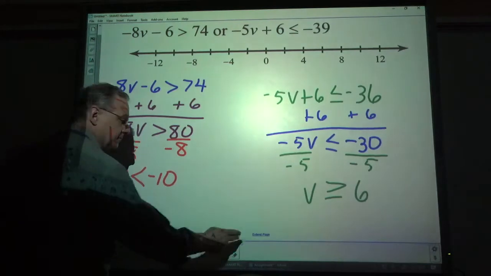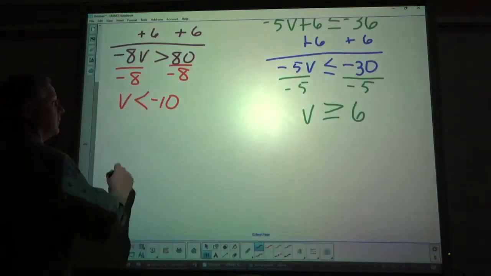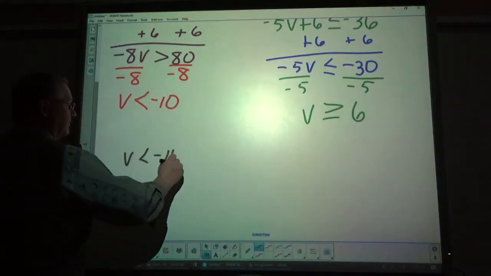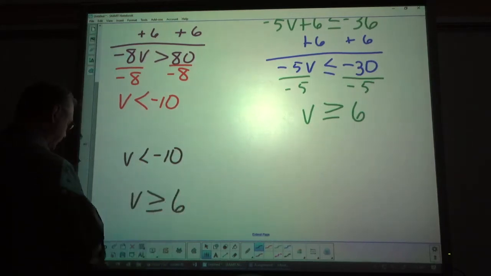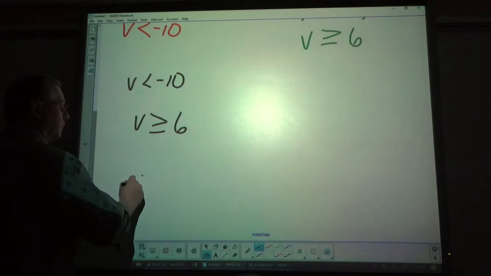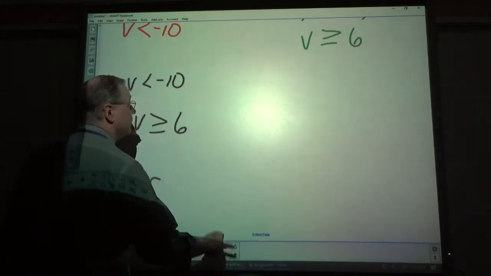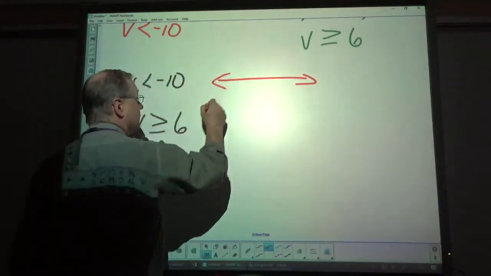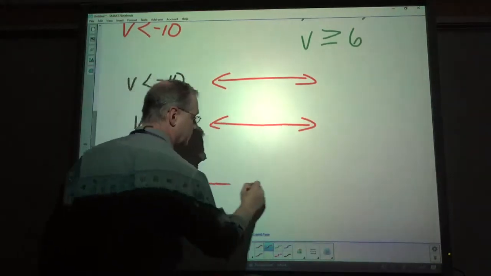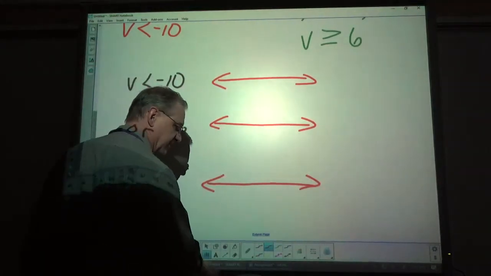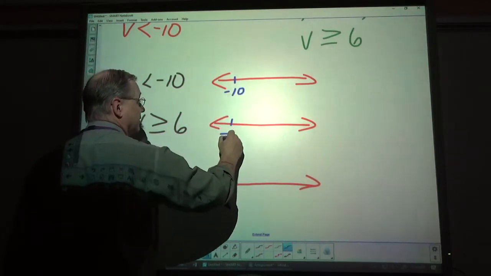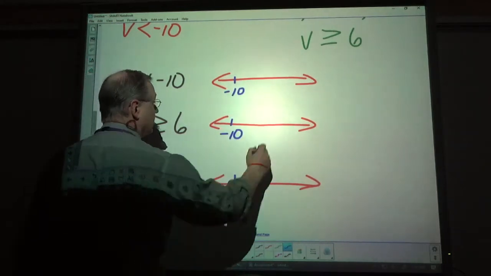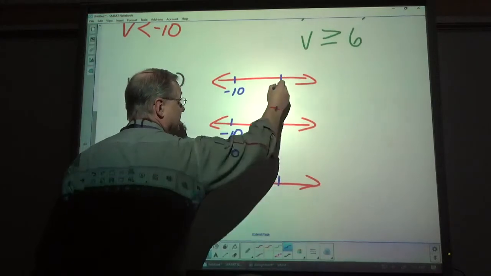All right. V less than negative 10. V greater than or equal to 6. Or. I spread these out a little bit better this time. Negative 10. 6.